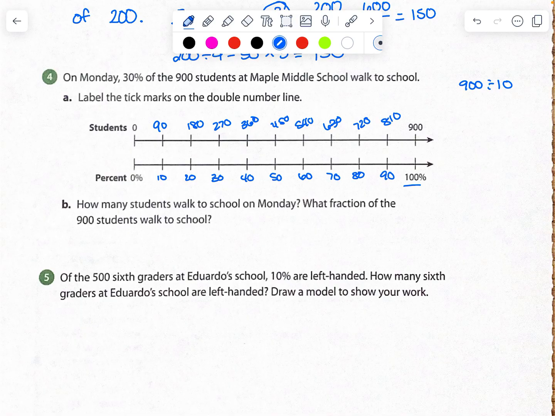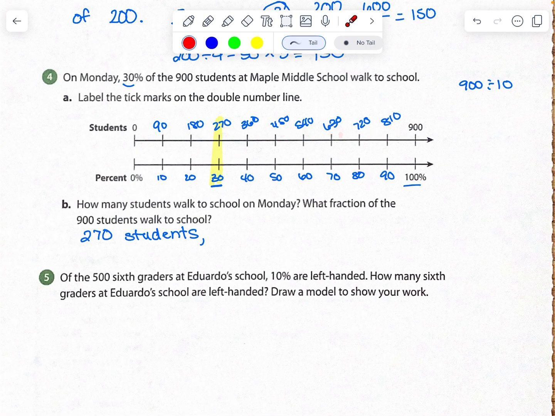All right. How many students walked to school on Monday? So it says 30%, so we'll come up here. 30%, what does that line up with? 270. So 270 students. It also wants to know what fraction of the students walked to school. So again, how many sections were there? 10.